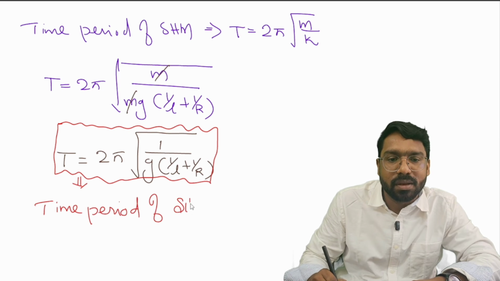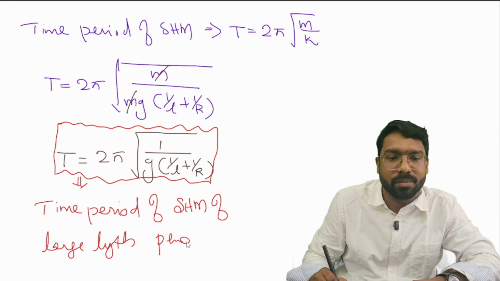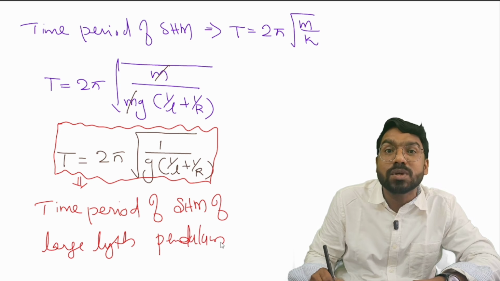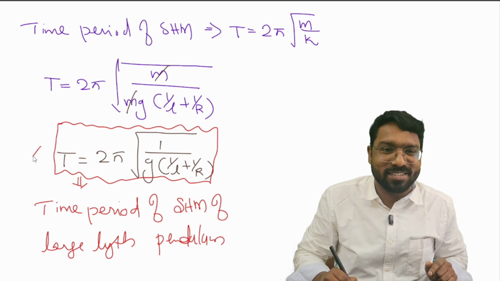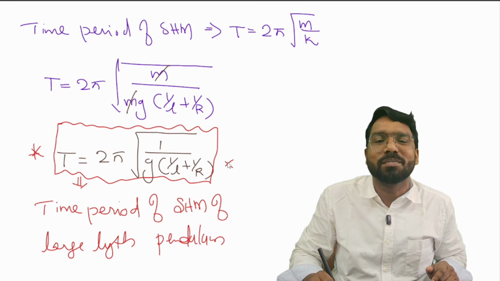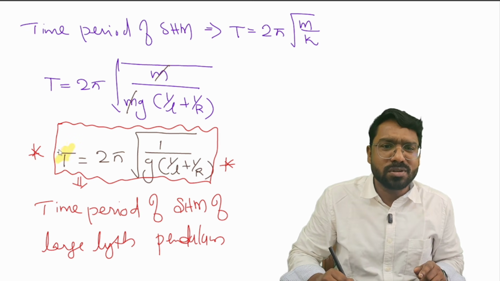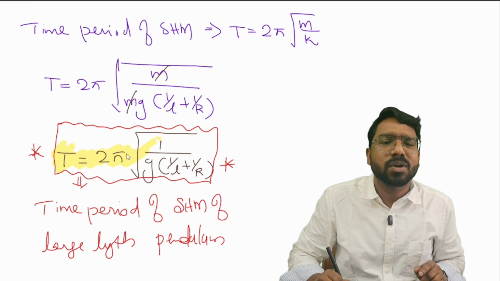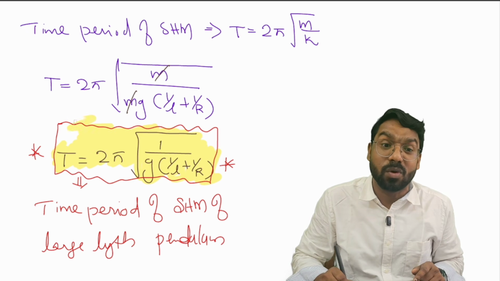In some institutes, some teachers will say you just memorize this formula as a shortcut: T equal to 2 pi root 1 by G into 1 by L plus 1 by R. It's also enough, because for entrance exams like NEET and JEE, we do not require derivation. We require only the final equation.